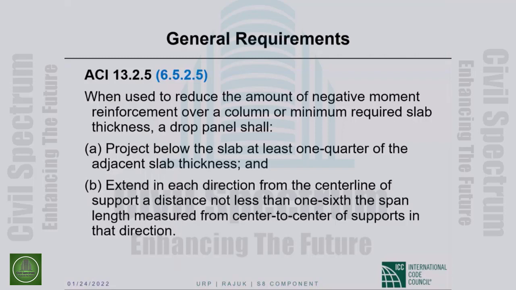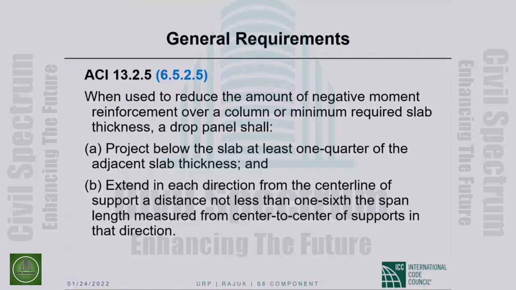If that's what we are trying to do, then the drop panel has minimum dimensions. It must project below the slab at least 1/4 of the adjacent slab thickness. So if the slab is 8 inches thick, the drop panel cannot be any less than 2 inches.